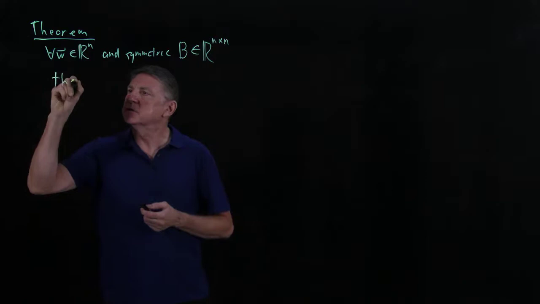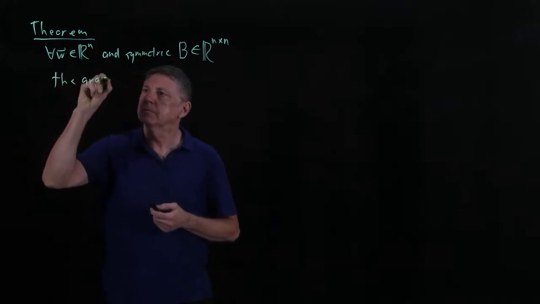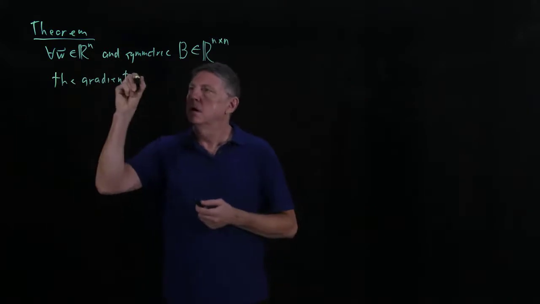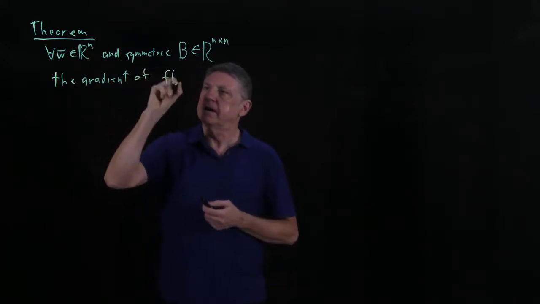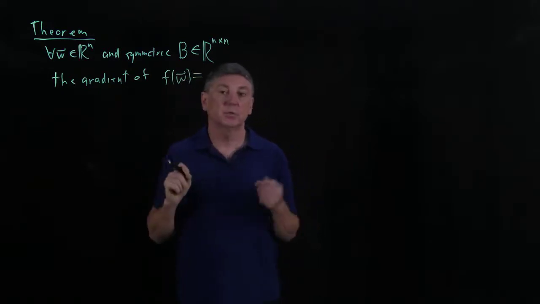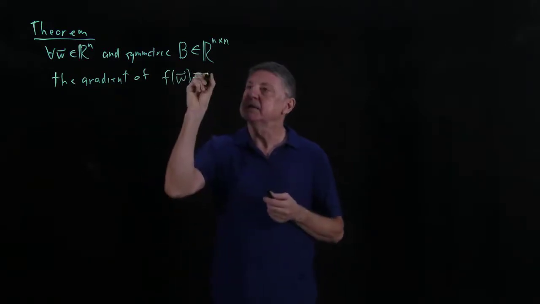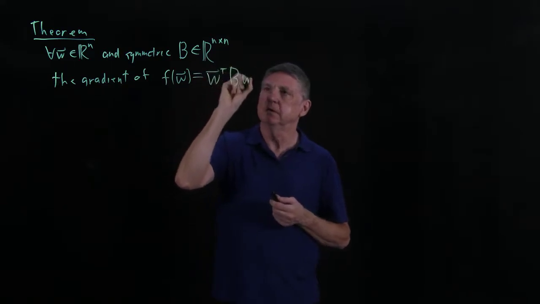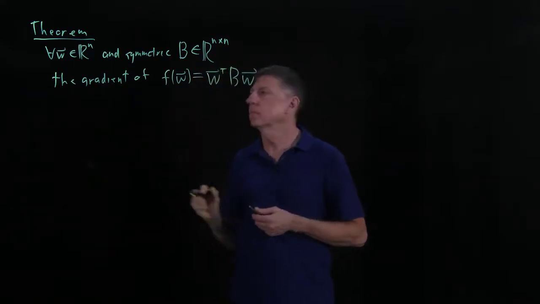Our theorem is the gradient one form of a function that is, so here is the quadratic form, w transpose B w.